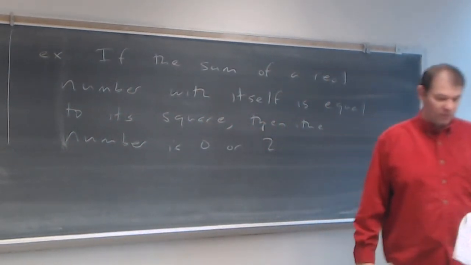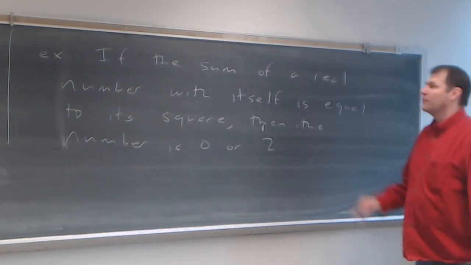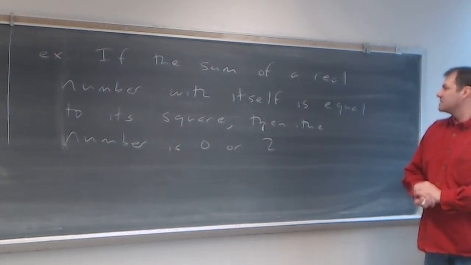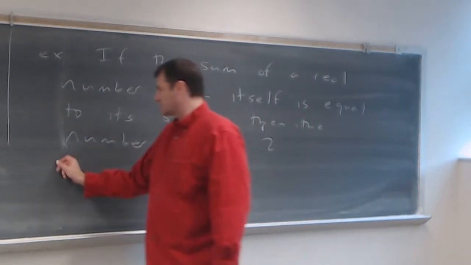That's the statement. We want to prove it. We want to prove this statement. If the sum of a real number with itself is equal to its square, then the number is 0 or 2.